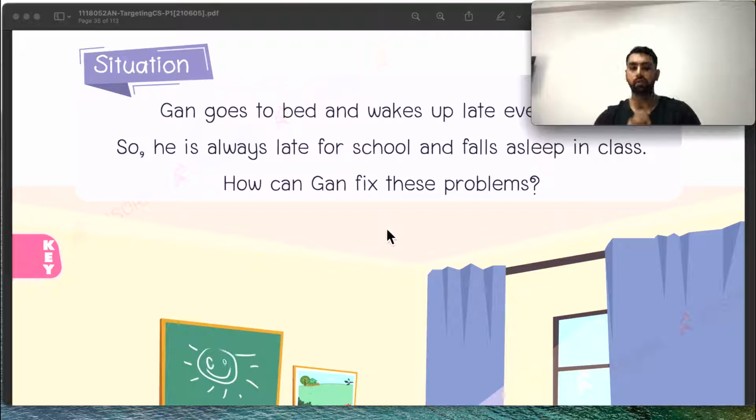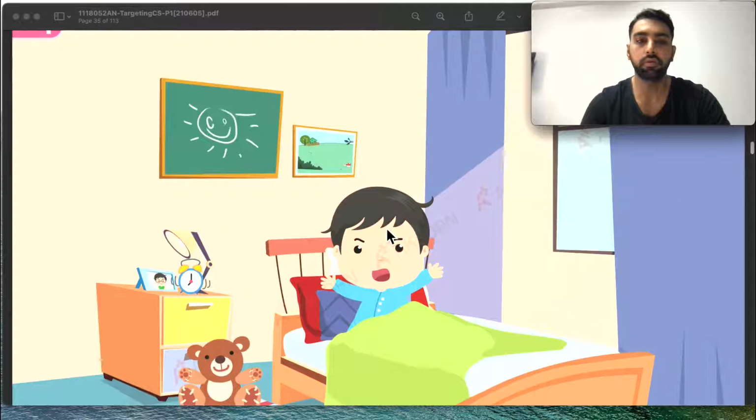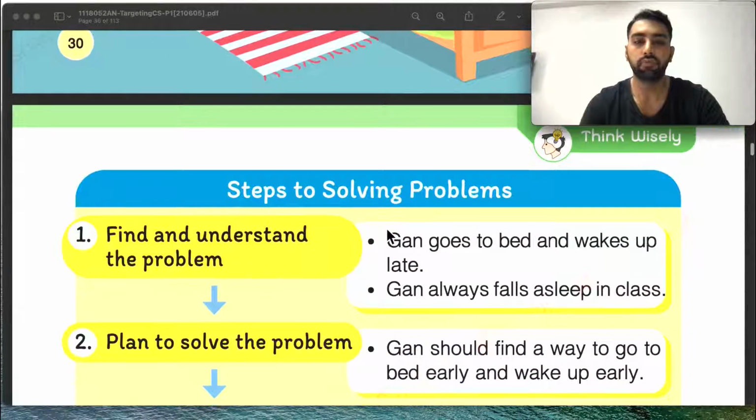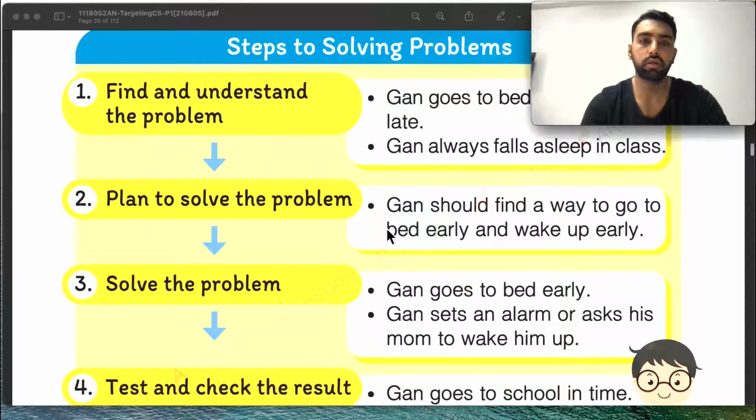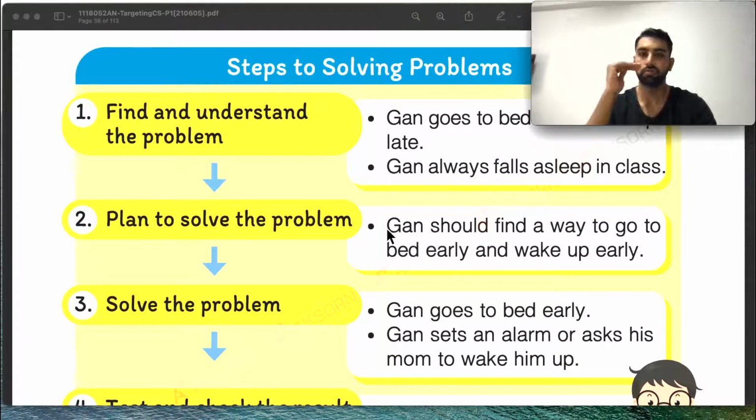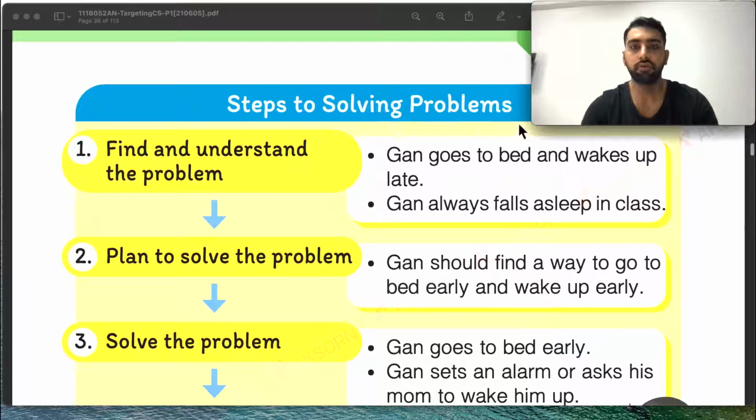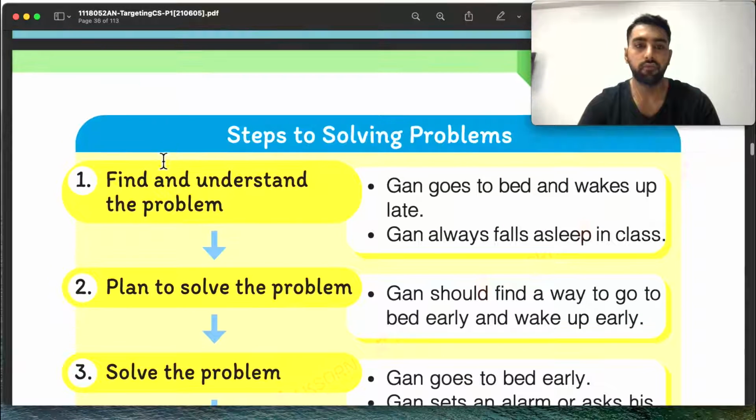So Gang is always late. We have to find the problem. These are the steps of solving a problem, number 1, 2, 3, 4. Number one is find and understand the problem. What is the problem?